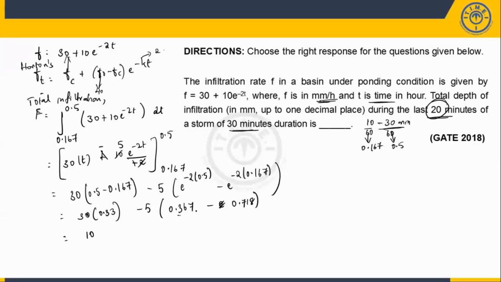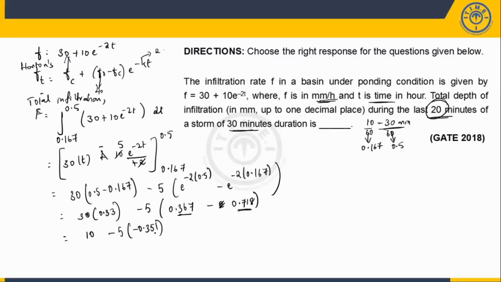Now, see, I'm telling you, be careful while calculations. Now tell me this answer, 0.367 minus 0.718. Minus 0.351.